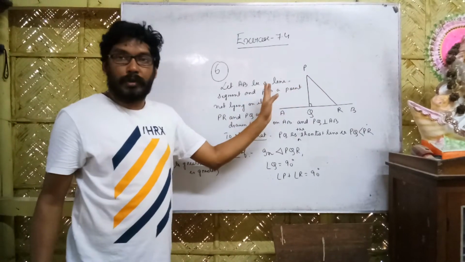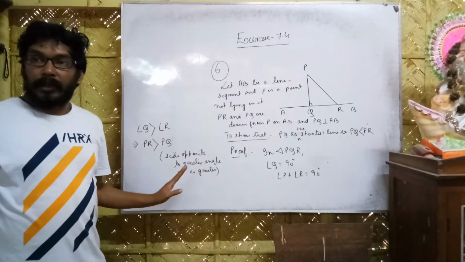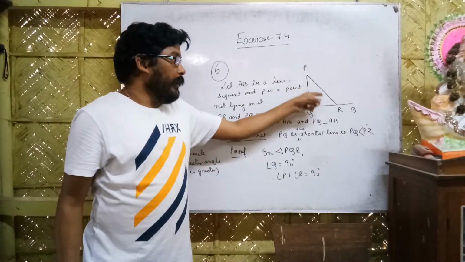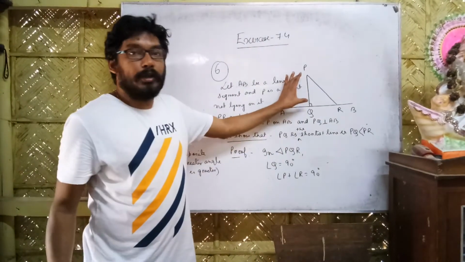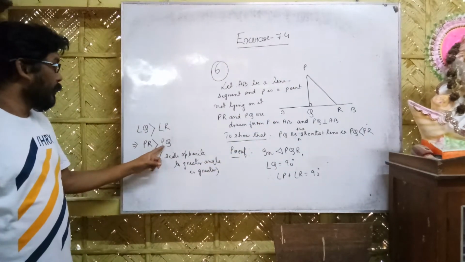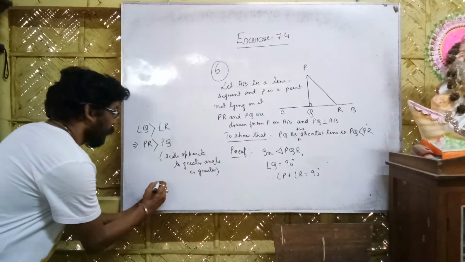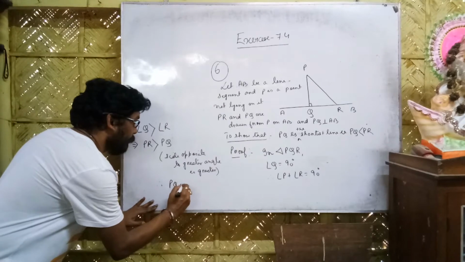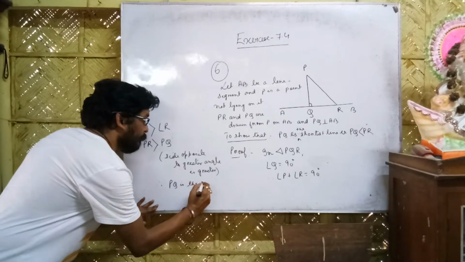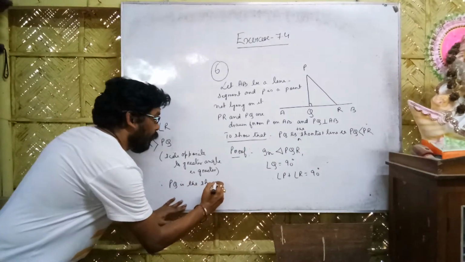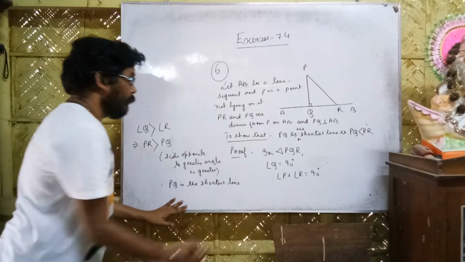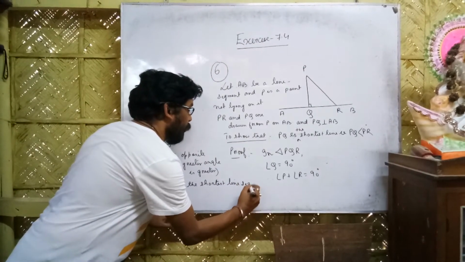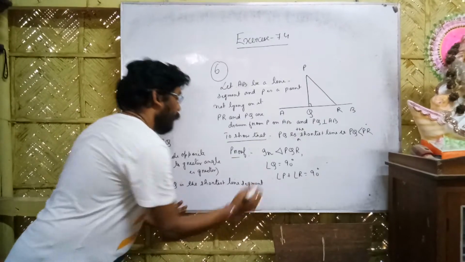You can draw more also, for others it will be the same. PQ was perpendicular. Here I have to show the perpendicular is the shortest one. So we have shown that PQ less than PR. Therefore, PQ is the shortest line segment.